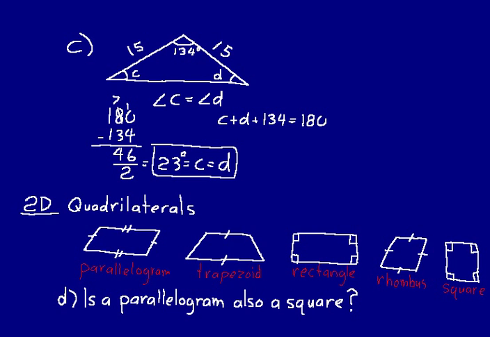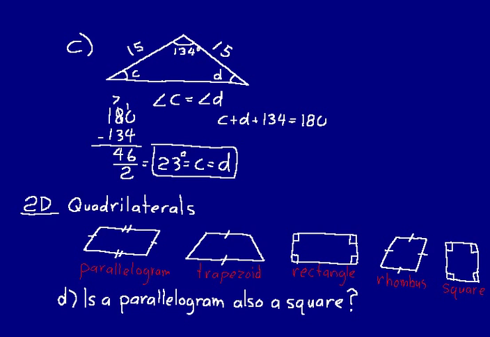Make sure you know what each of those definitions of quadrilaterals are, and sometimes you play little games with the different definitions. For example, look at practice problem D. Is a parallelogram also a square? It's important to know the definitions in order to answer a question like that. For example, a parallelogram, by definition, just has two pairs of parallel sides.